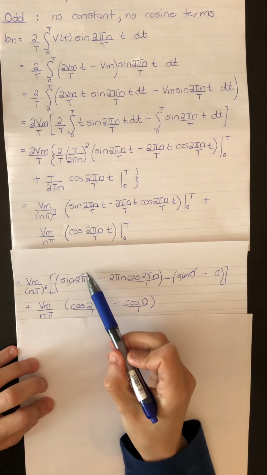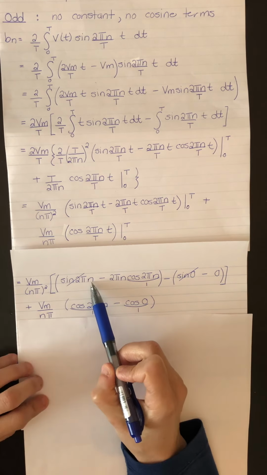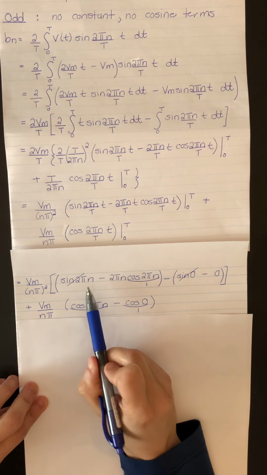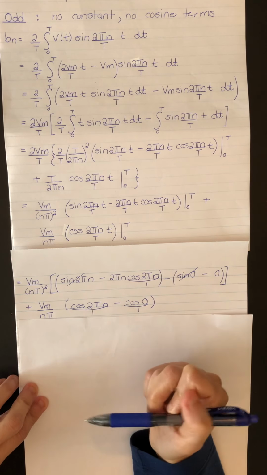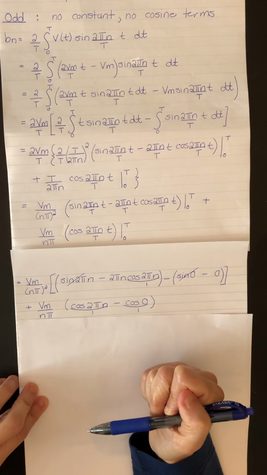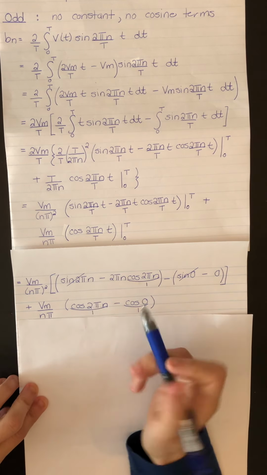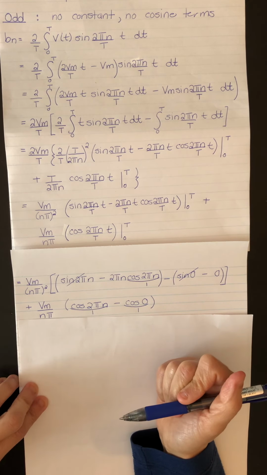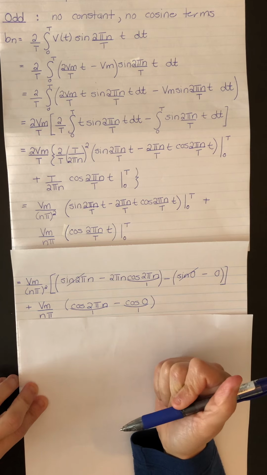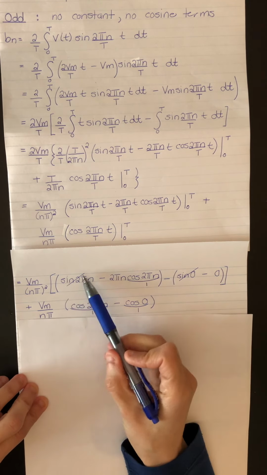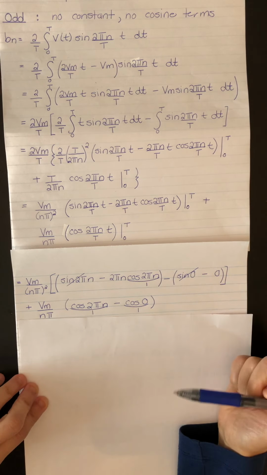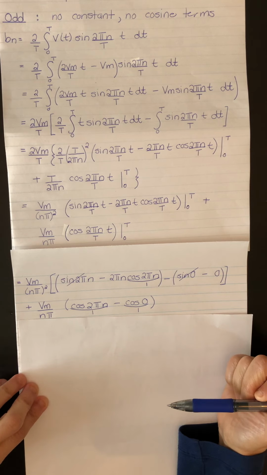So is the sine of 2 pi n, no matter what n is. If n is 1, you get the sine of 2 pi, which is 0. If n is 2, you get the sine of 4 pi, which is 0, and so on. Okay, so these terms are going to be gone.